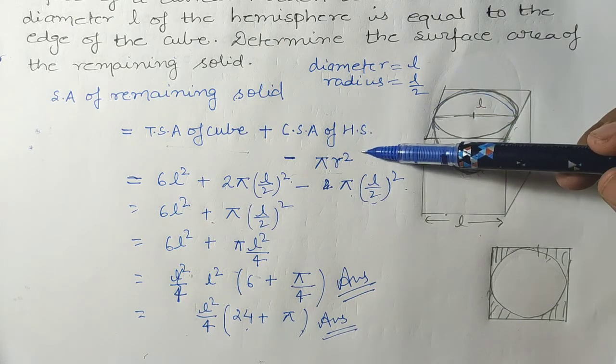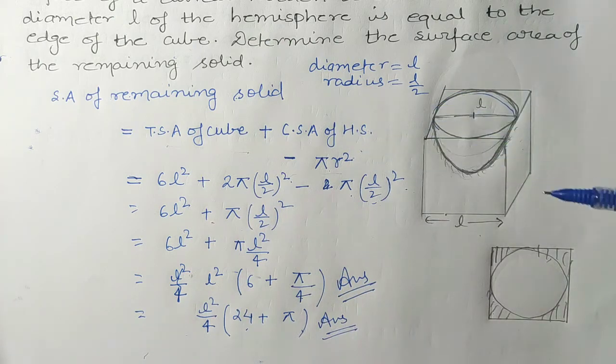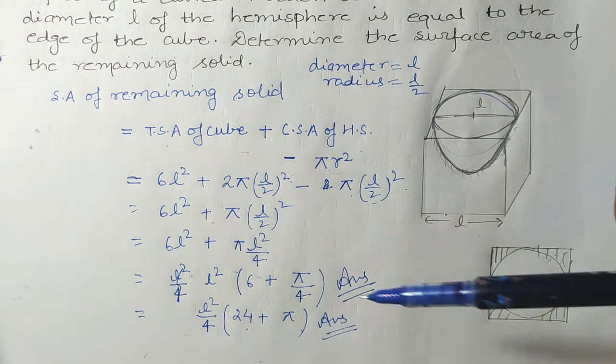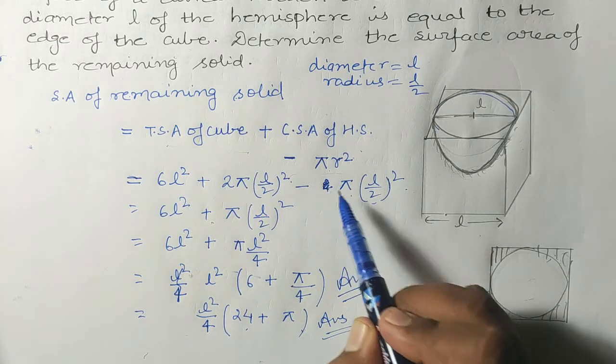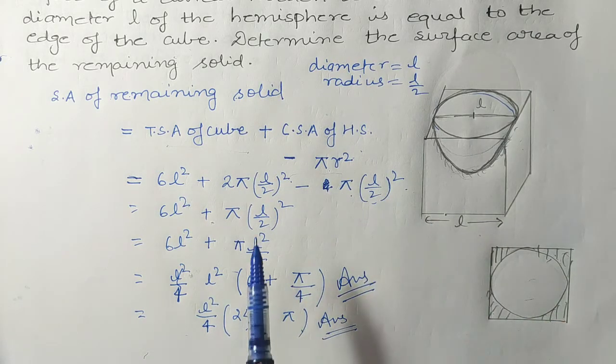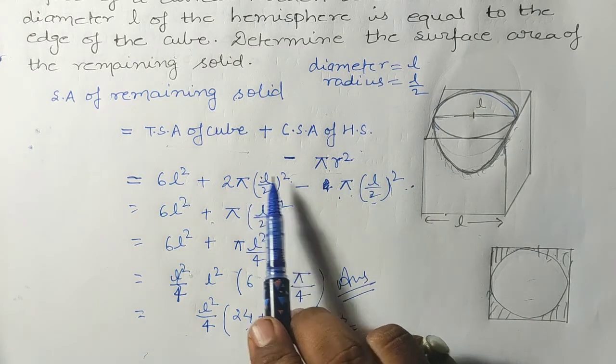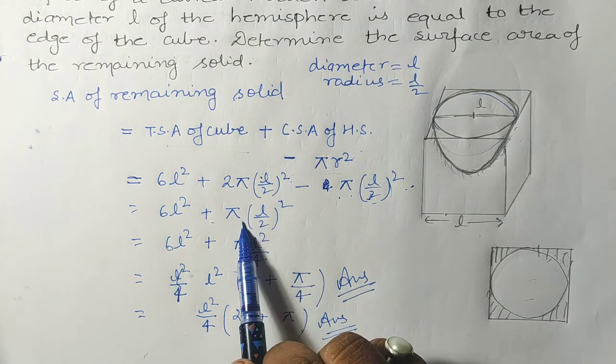Why have we subtracted this circular portion? To know the reason of the shaded region like this, we have subtracted the area of the circle, means the area of the surface of the hemisphere. And then we have calculated all the values. It will be pi (L by 2) whole square. 2 pi (L by 2) whole square minus pi (L by 2) whole square, so 2 times minus 1 time will be left.